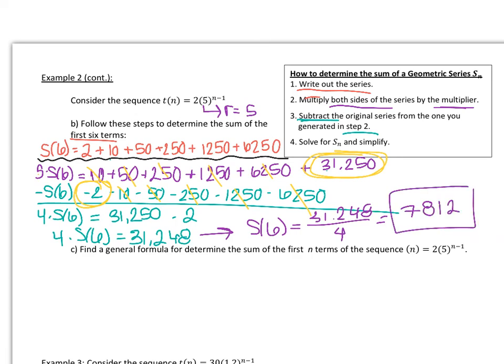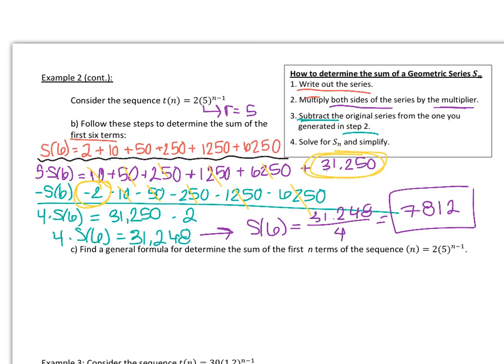What you would do to check that is just add up 2 plus 10 plus 50 plus 250 plus 1250, and you would end up with 7,812. Okay, so now we're in part C.